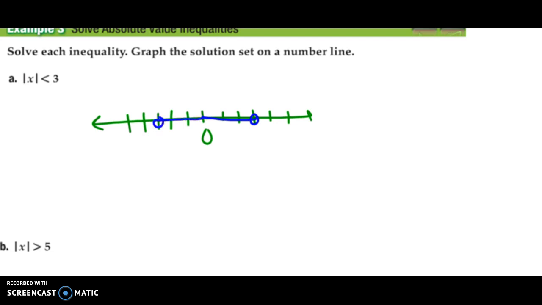Now you'll see that my absolute value is between 3 to the left and 3 to the right. So when it's a less than problem, we treat it like an intersection, where it's between two values, like an AND problem.